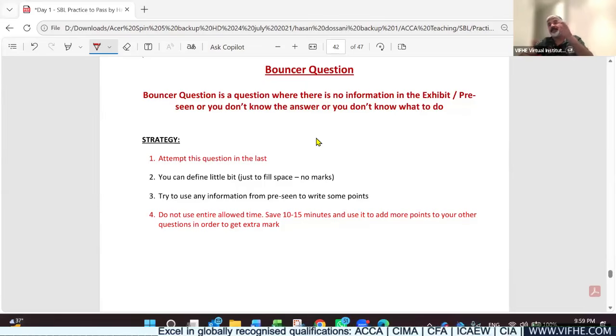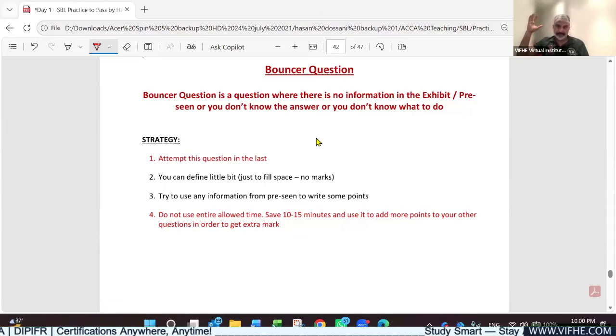So that's the first sign of a bouncer question, that there is no exhibit. That's a red flag. Then any question which does not have an exhibit, I will push it to the last. Is that clear? That's the first red flag, that there is no exhibit. If there is exhibit, then not a problem. I will read the exhibit. I will try to write something. But if there is no exhibit, that's the first red flag.